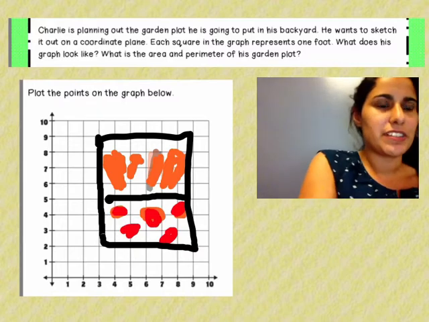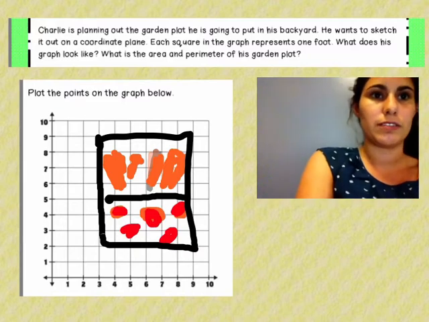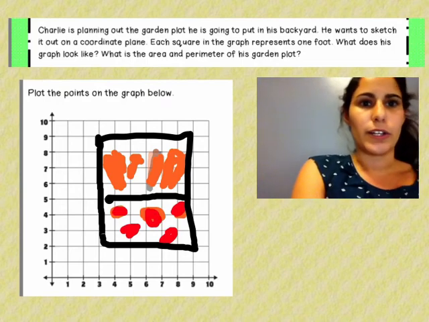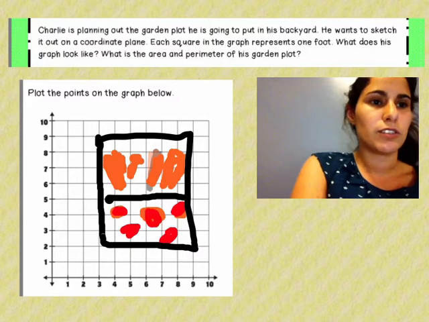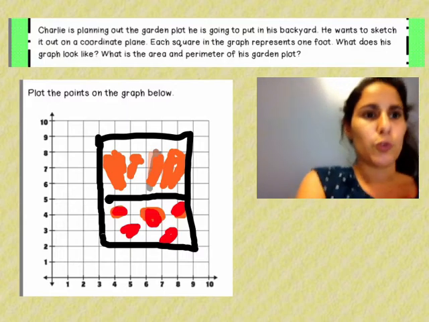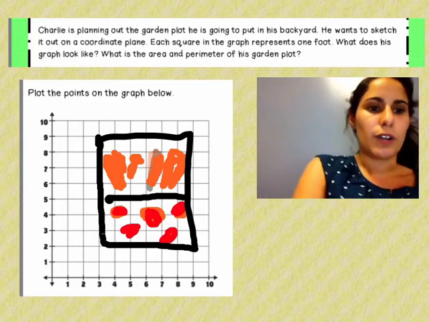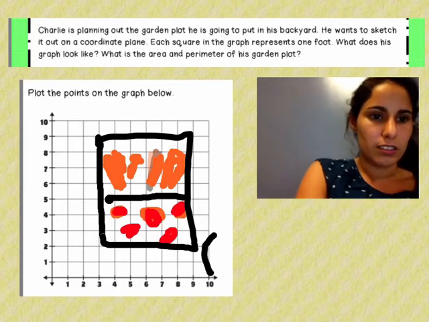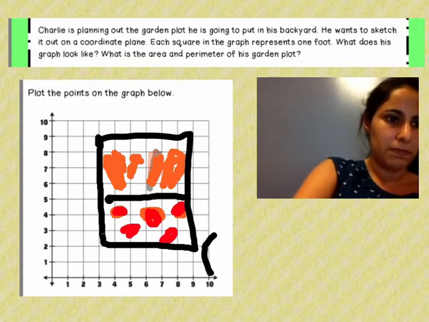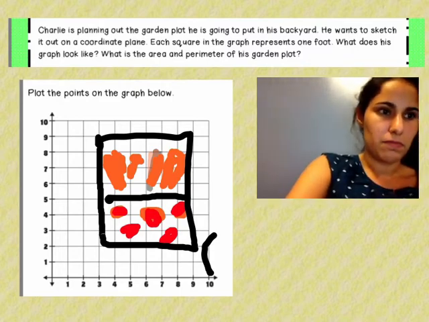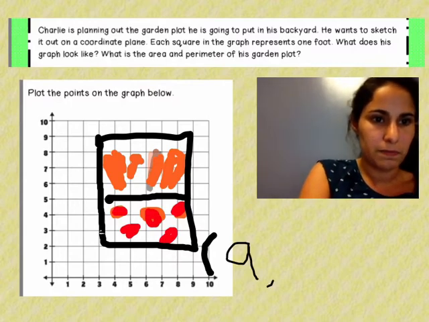Okay, so now my question says, and when you do this you can make whatever kind of garden you want, each square in the graph represents 1 foot. What does his graph look like? That's what it looks like. What is the area and perimeter of his garden plot? Okay, so this point is at 9.